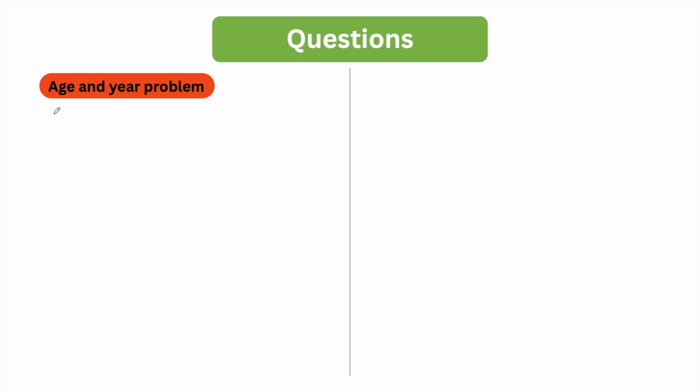For example, someone gives the age of father as f and the age of daughter as d, and the question says that the sum of the ages of father and daughter is, let's say, 24, and the product of the ages of father and daughter is 80. So this is the type of question that you will get, and from that you will need to find the age of the father and the daughter.